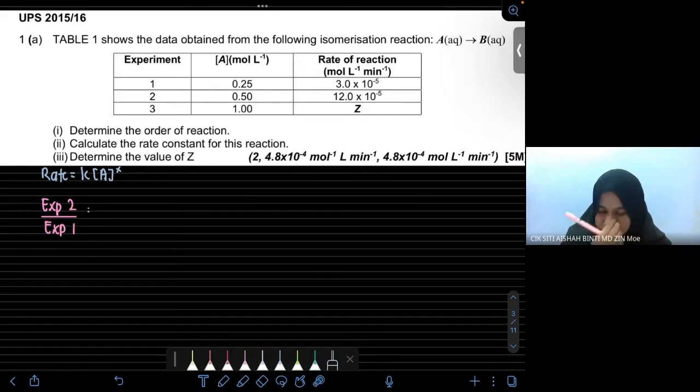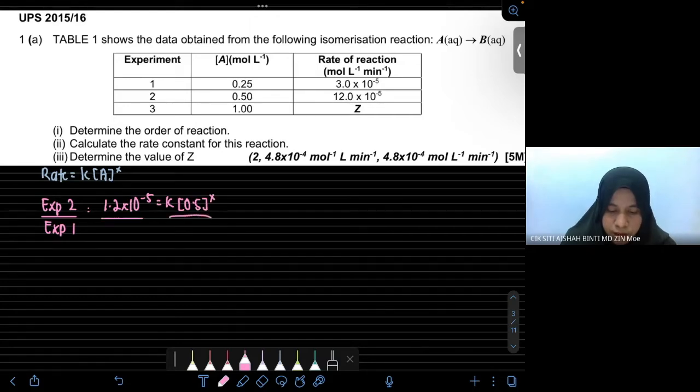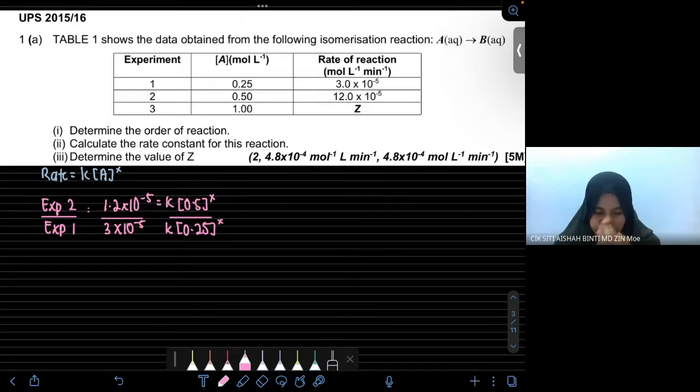So what we're going to do is we're going to substitute all of this value into our rate law. So contohnya experiment 2, 1.2 exponent -5 divide by experiment 1, what we have is 3 exponent -5 equal to k 0.25 x.